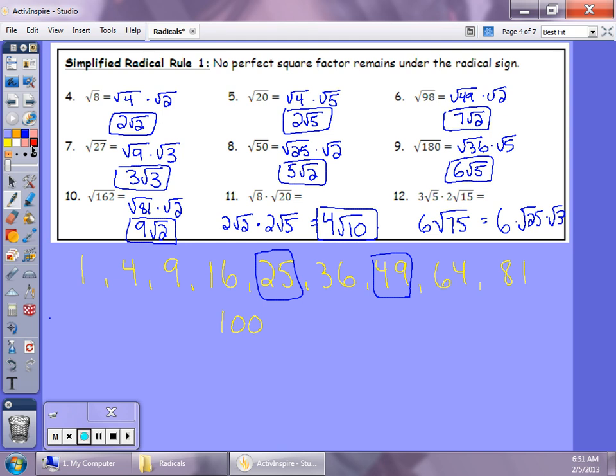Go ahead and change this so we can see the color. Okay, so now if we keep this 6, we know the square root of 25 is 5. And then just like before, if there is a number outside a radical times another number outside the radical, we can simplify those. So 6 times 5 is 30. So our simplified answer is 30 root 3.